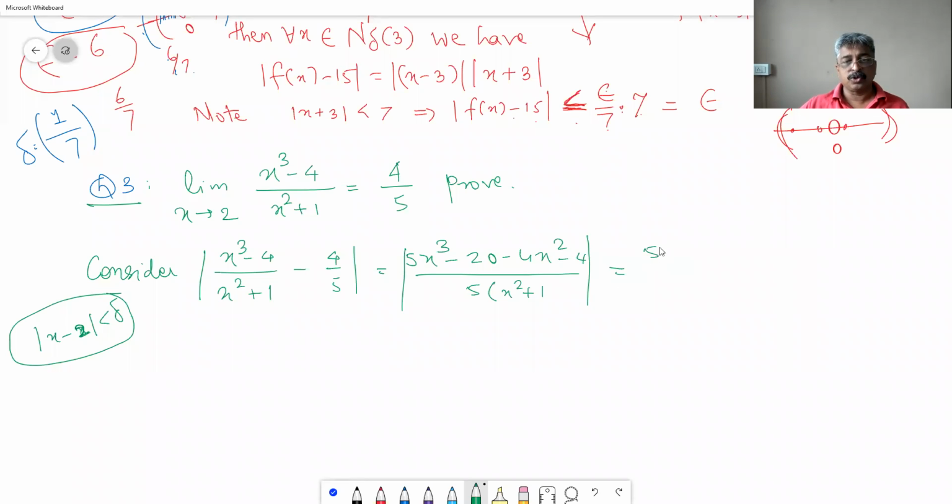This is (5x cube minus 4x square minus 24) upon 5 times (x square plus 1). Now you will be surprised to know that even if it is cubic, x minus 2 is bound to be a factor of that. We will find out why it is so. But then, numerator absolute value upon denominator absolute value.